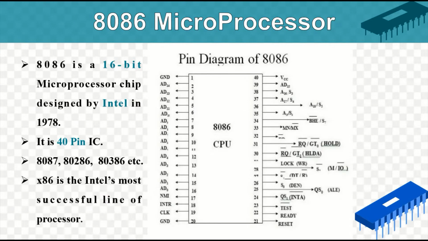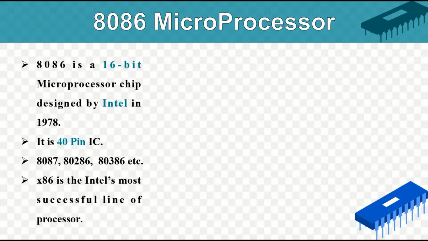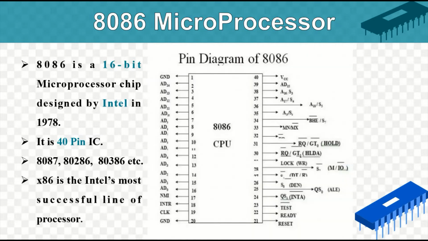Now we will discuss the main topic of this video, which is the 8086 microprocessor. So basically the 8086 microprocessor is the enhanced version of the Intel 8085 microprocessor. It was designed by Intel in 1976. The 8086 microprocessor is a 16-bit N-channel high-speed metal oxide semiconductor microprocessor.